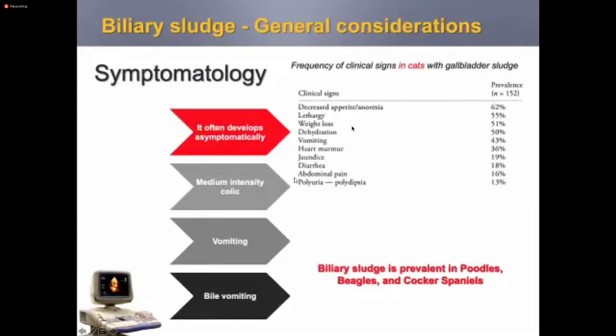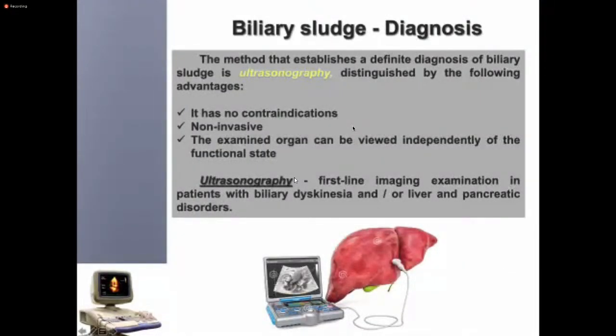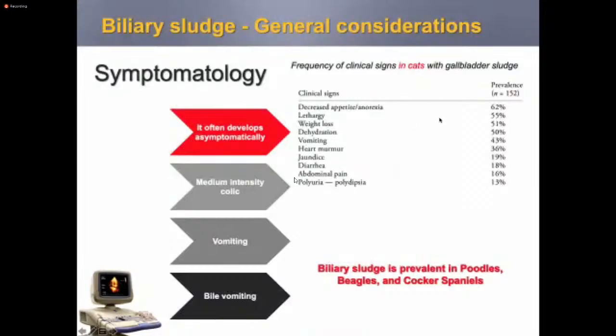Of course, the owner reports especially important weight loss, dehydration, and vomiting. You see, all these are present in an important percentage. In addition to jaundice, also diarrhea and abdominal pain, and all these are very important in order to approach the diseased patient.